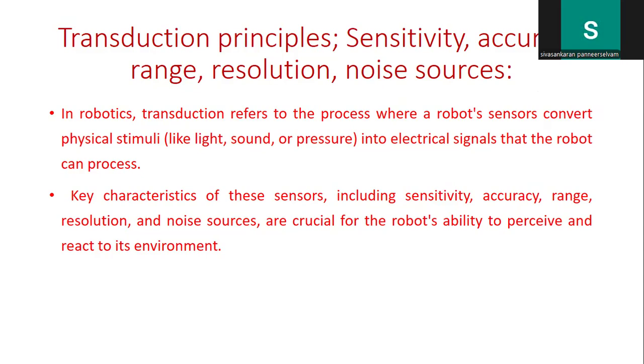In robotics, transduction refers to the process where the robot sensor captures physical stimuli, for example light, sound or pressure, and converts them into electrical signals so that it can further process the data. The key characteristics of sensors, namely sensitivity, accuracy, measuring range, resolution, and noise sources, are critical for the robot's ability to perceive and react to the environment.